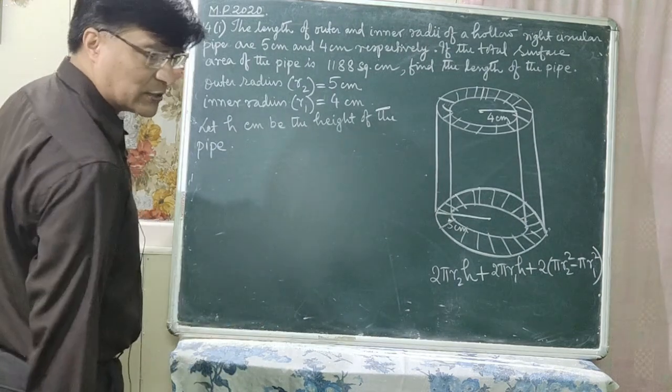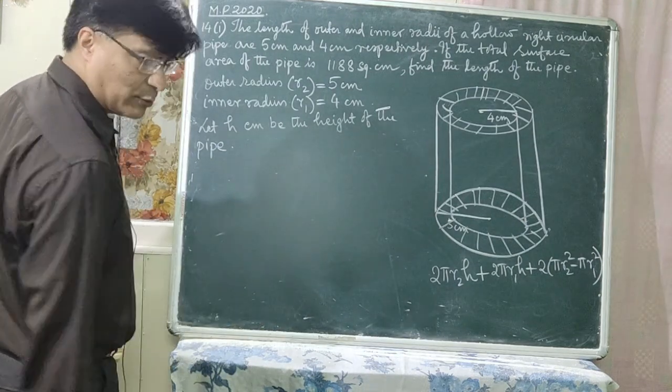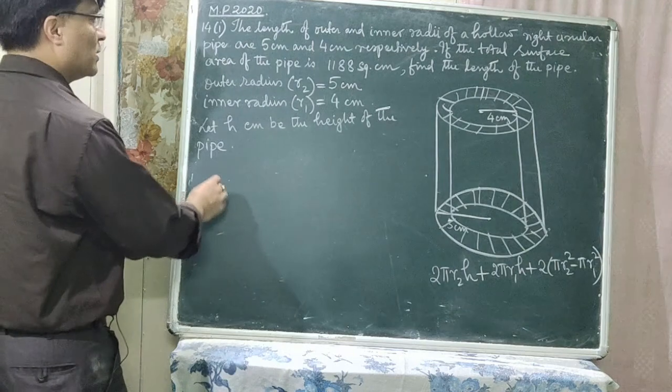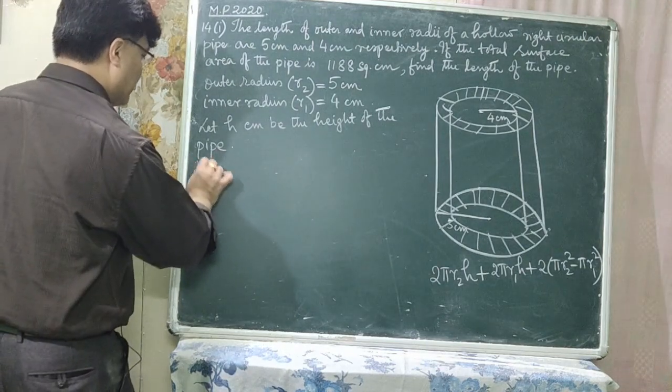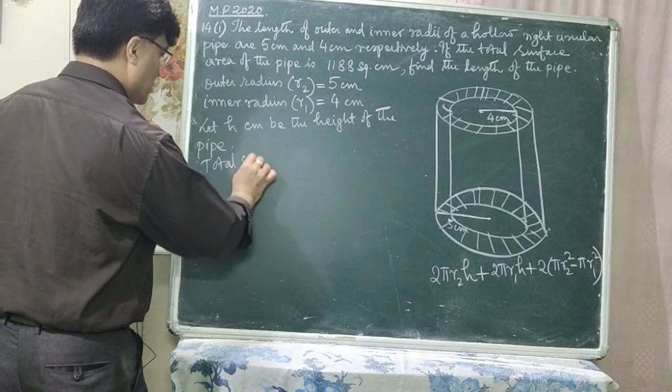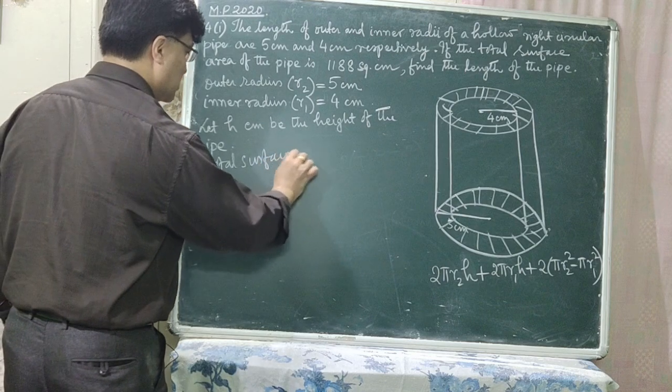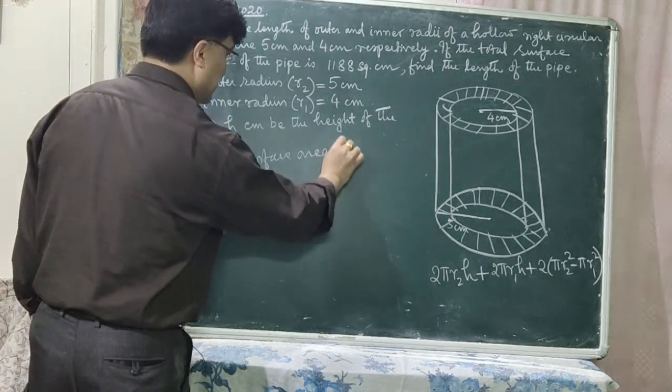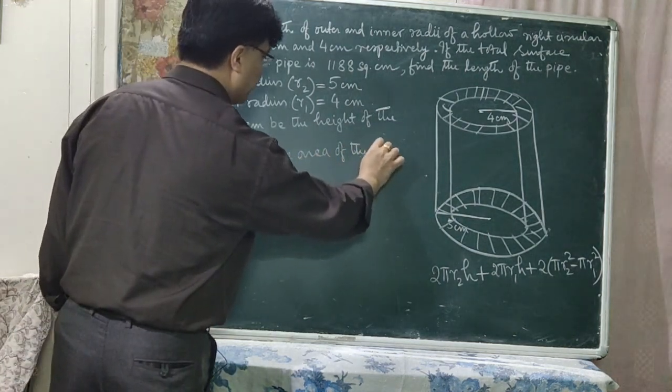So I think you have understood this figure and you have understood this formula also. Okay. So now let us write down total surface area of the pipe.